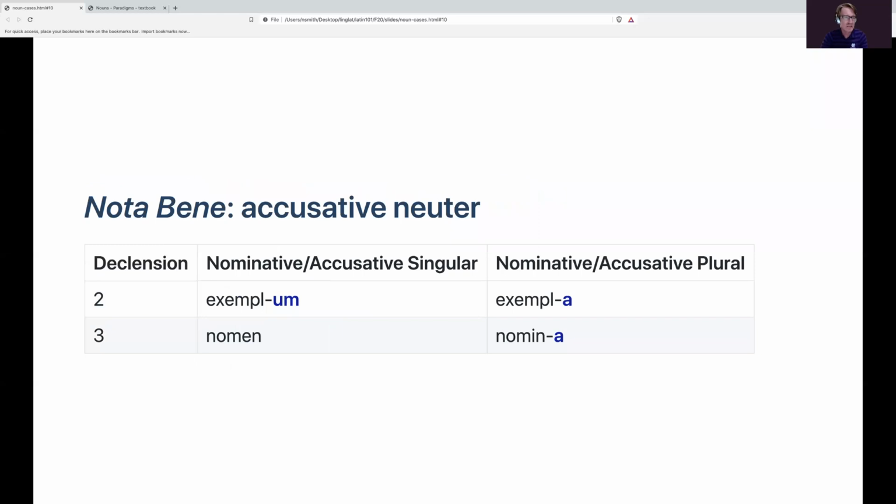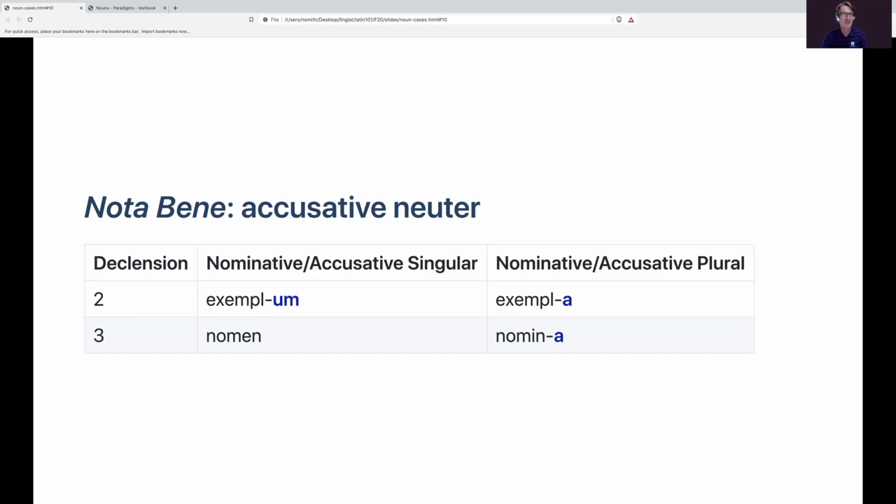And one general little note, no matter what Indo-European language you study, whether you're trying to learn to speak German or read Hittite written in cuneiform, every neuter noun will have identical forms in the nominative and accusative. So the nominative singular and the accusative singular will have the same form. The nominative plural and the accusative plural will have the same form. There are no neuters in the first declension, so here are examples from the second and third declension.